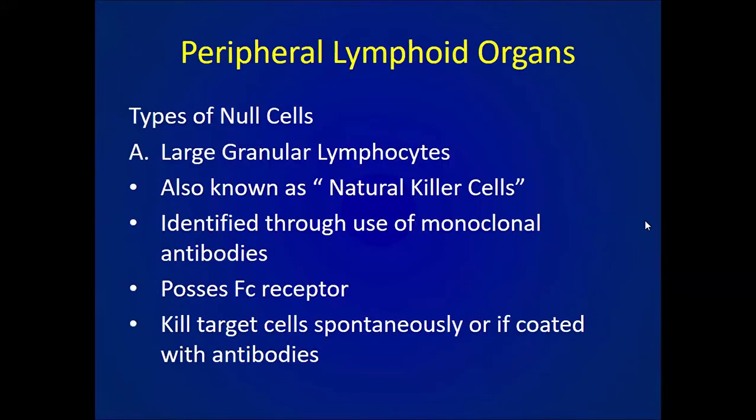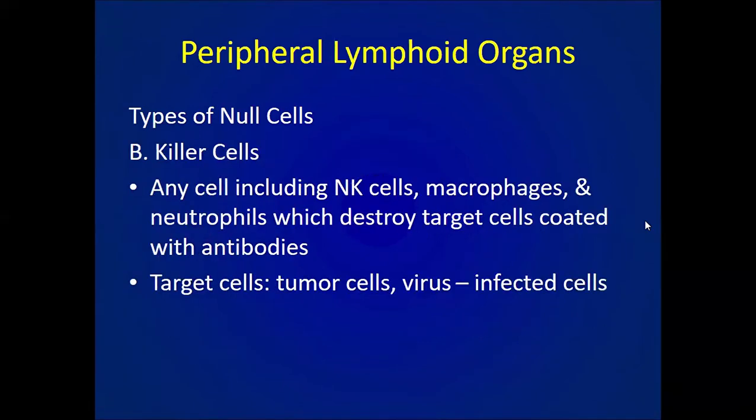So for the types of non-B, non-T cells, we have the large granular lymphocytes, also known as the natural killer cells. They are characterized by possessing the crystallizable fragment receptor, and they function to kill target cells spontaneously or if coated with antibodies. The second one are the killer cells.